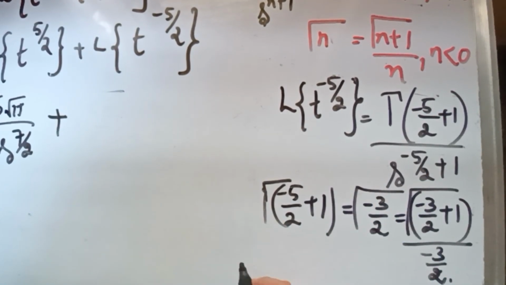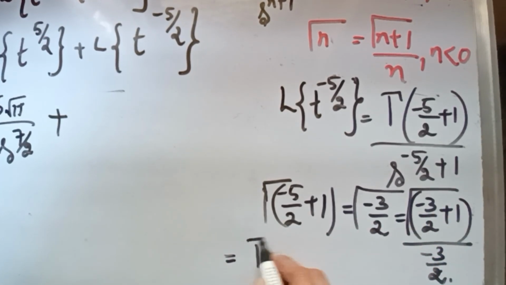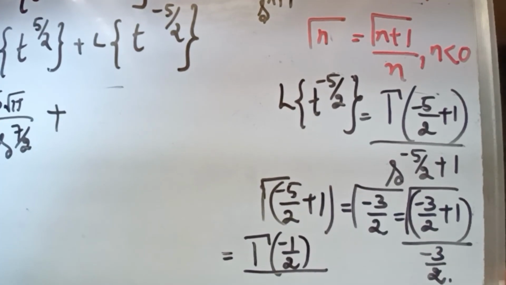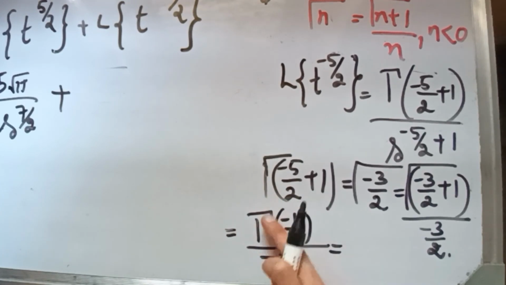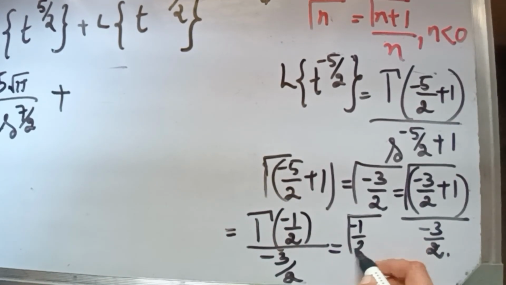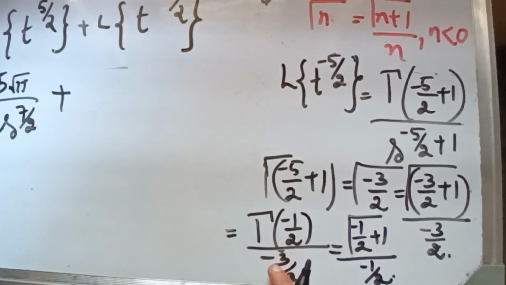So this gives you gamma of minus 3 by 2 plus 1, which is nothing but gamma of minus half, divided by minus 3 by 2. Now once again, what is the value of gamma of minus half? As per this, gamma of minus half plus 1 divided by minus half, and already you have this minus 3 by 2 here.